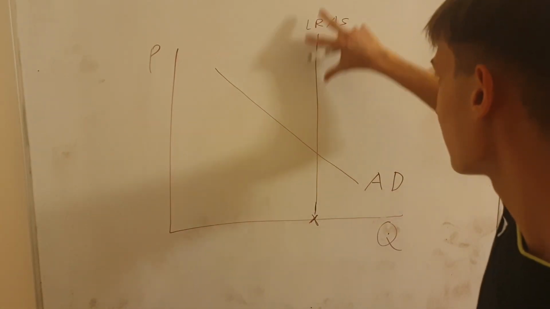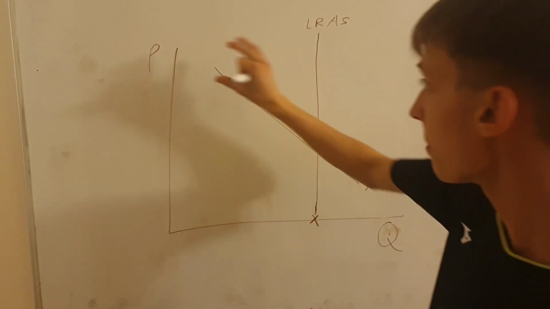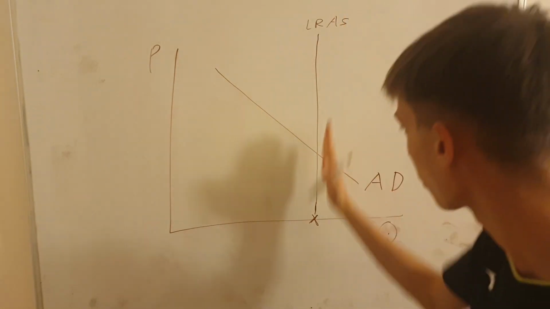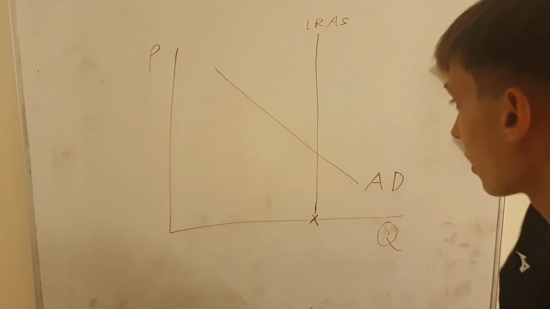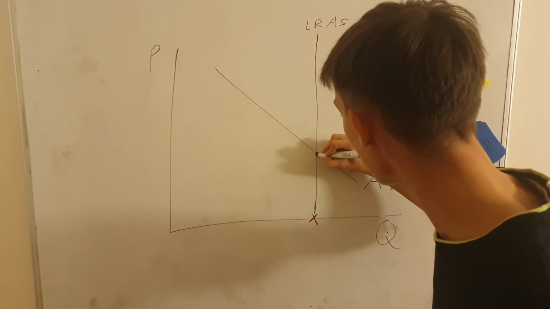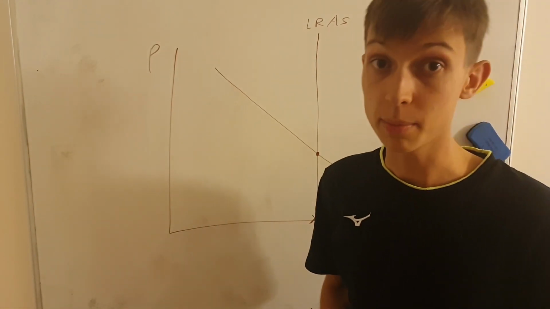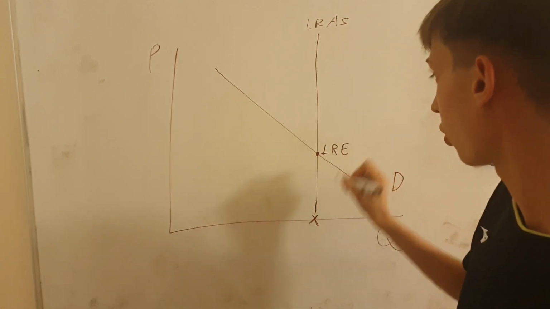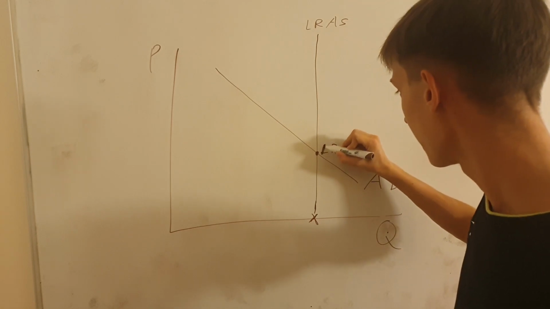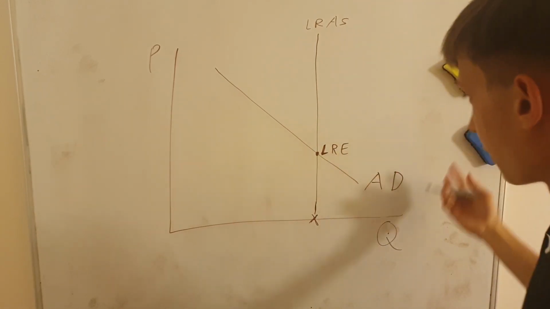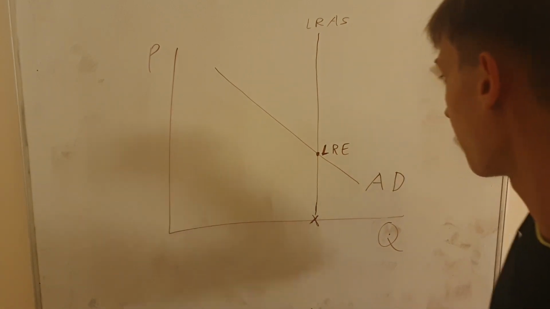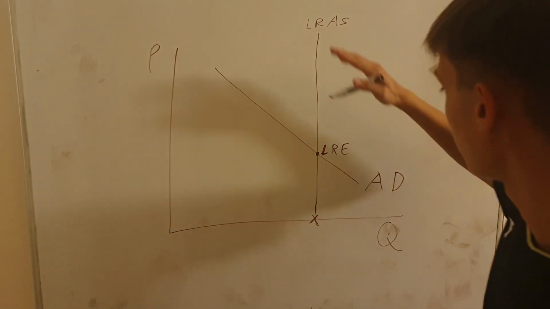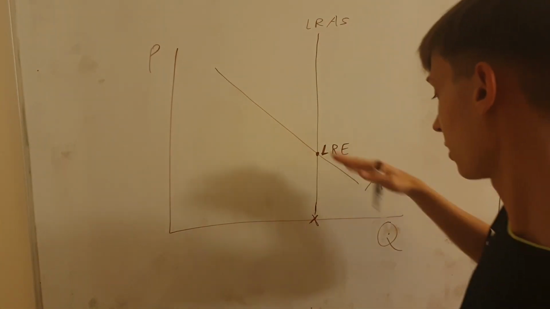Okay, so this is long-term aggregate supply, and when our aggregate demand crosses this vertical line that tells us the long-term economic power of a country, this brings the long-run equilibrium, LRE. This is the equilibrium with aggregate demand. It can be sustained because there's big enough supply, and the aggregate demand just crosses it like this.